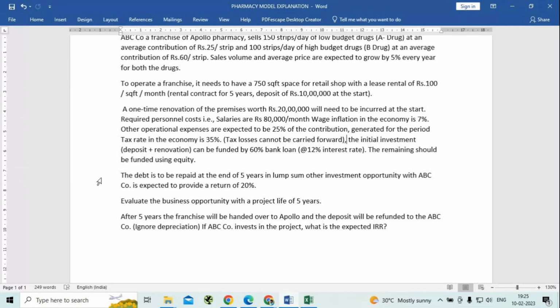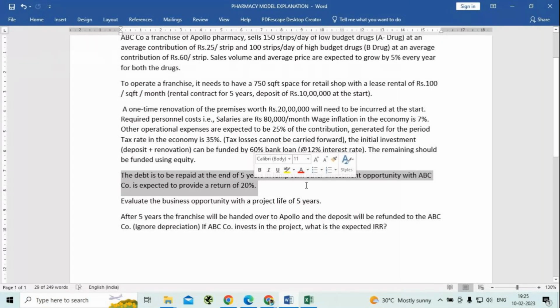Let us read it out. The debt has to be repaid at the end of the 5 years in lump sum. So up to 5 years you can pay only the interest amount. At the end of the fifth year you pay it as a lump sum.